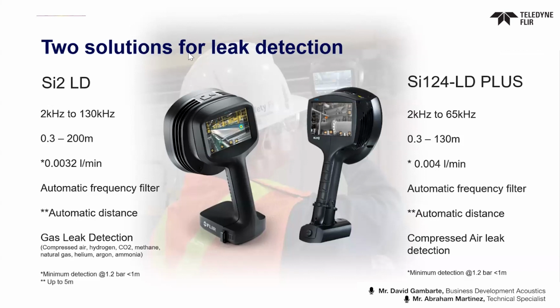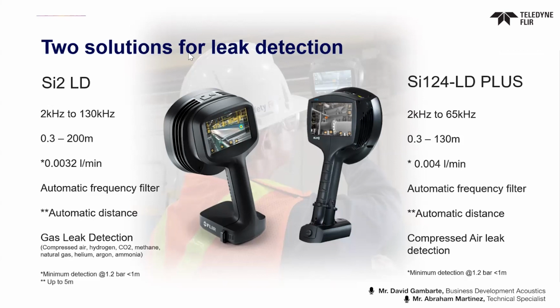The big difference between both cameras, which we consider a big improvement, is that the SI-2 has a list of gases that are included in our calculations. To be clear, the SI-124 LD Plus is already being used by many customers all over the world for gas leak detection, pressurized gases.